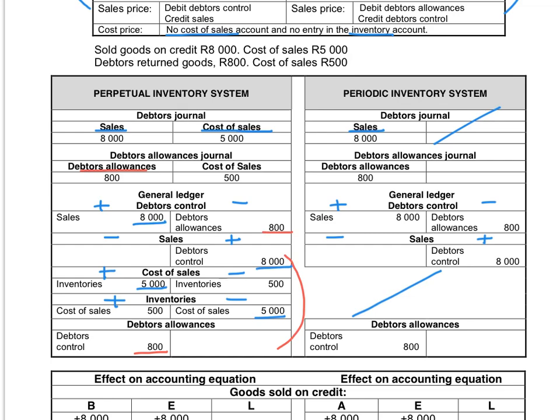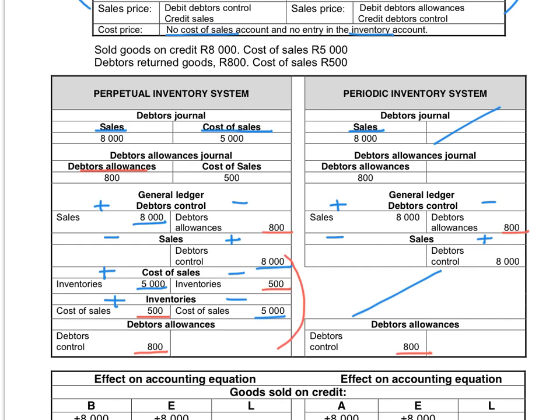In the periodic system, you will also decrease your debtors on the credit side and you will debit debtors allowances to decrease the profits. In the perpetual system, you will complete a second double entry to indicate that inventory increases on the debit side because the inventory was returned, and you will credit your cost of sales account to decrease the expense for cost of sales.